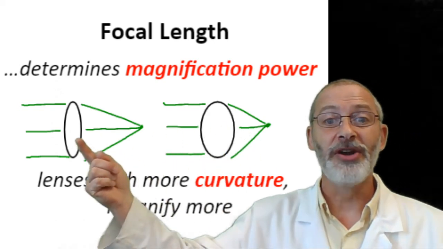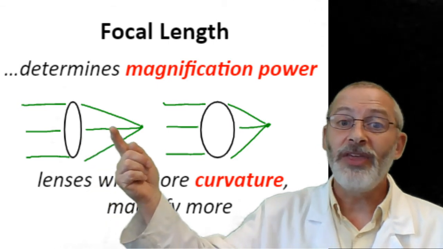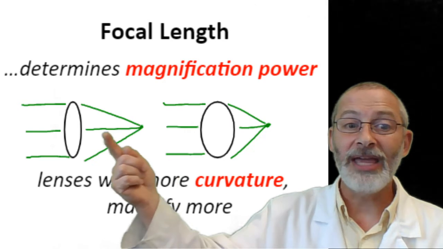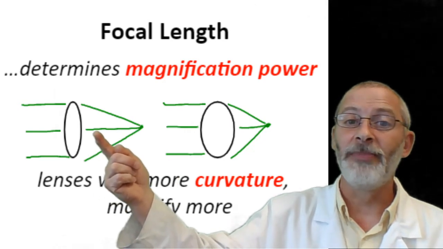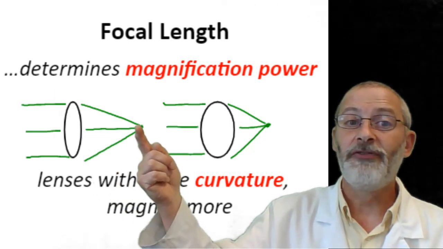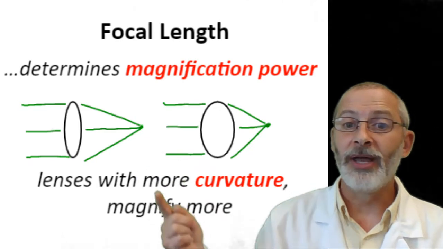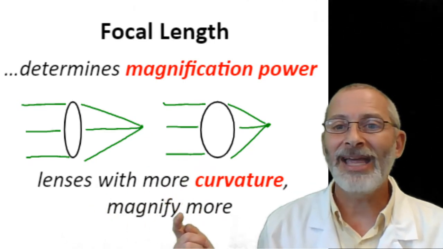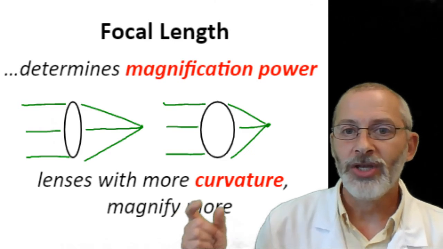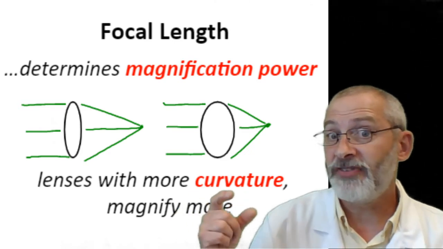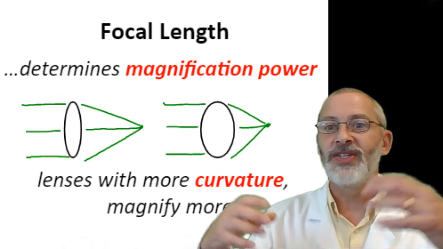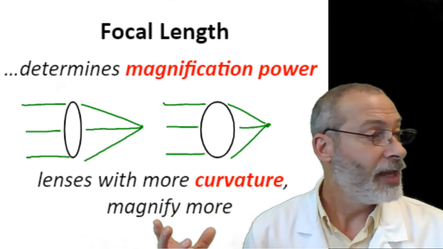The thinner the lens, the longer the focal length. The focal length is really the distance from the lens to the focal point. But take note, lenses with more curvature magnify more. So the thicker the magnifying glass or the thicker the lens, the bigger you're going to see things.